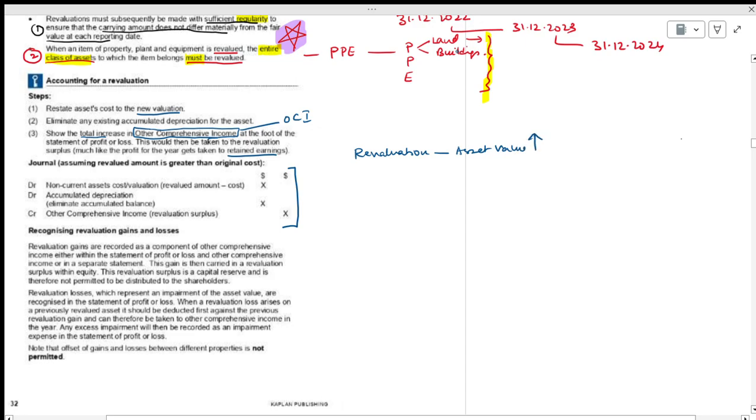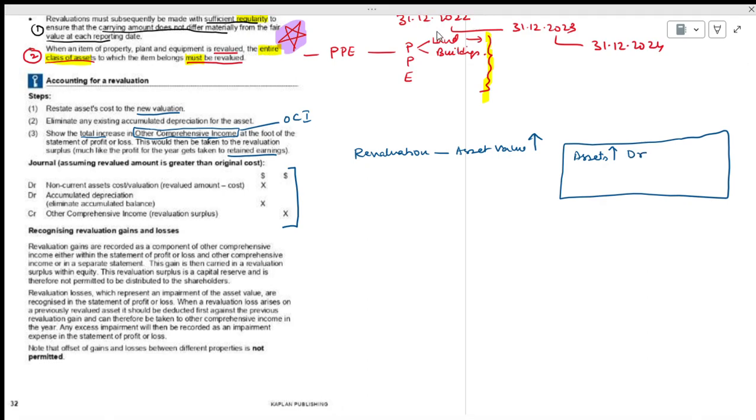If that is the case, I am giving you a shortcut. When asset increases, it should be debit. When the asset value is decreasing, it will be credit. If asset increasing, debit. Asset decreases, credit.